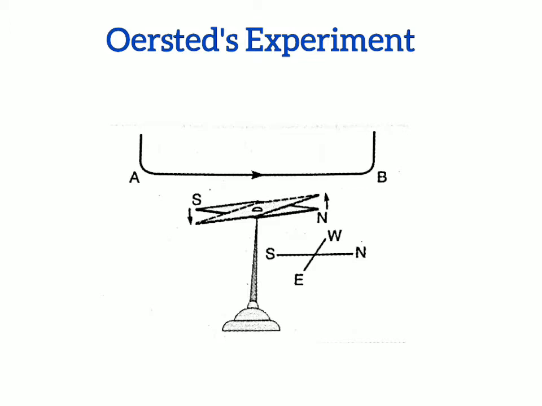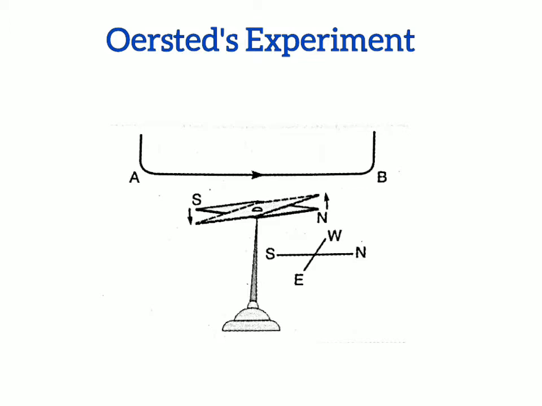And on holding the wire below the magnetic needle, the north pole of the needle got deflected in the opposite direction. So this indicated that magnetic lines of force below and above the needle are directed in opposite directions.